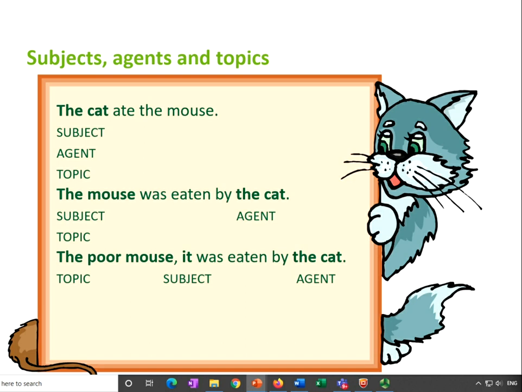So you can see that the agent is to do with the relationship of the noun to the verb. It's the cat that's doing the eating, but subject depends on the syntax of the sentence. Now, the poor mouse, it was eaten by the cat. The poor mouse is the topic, and it comes at the beginning in this case.